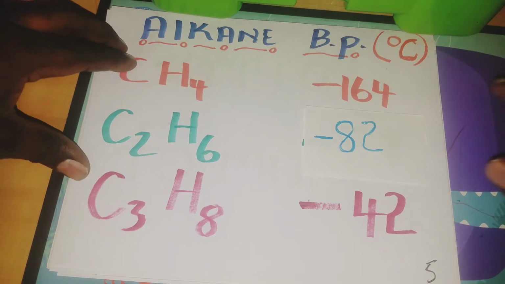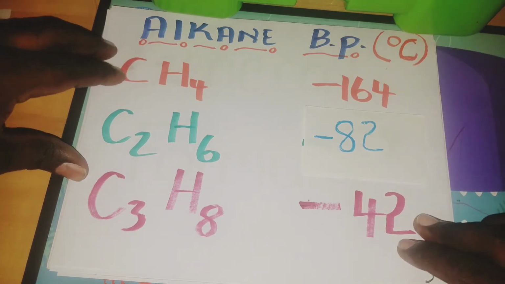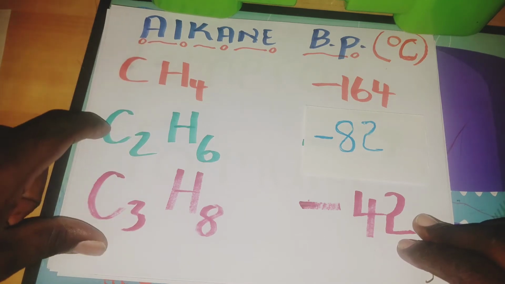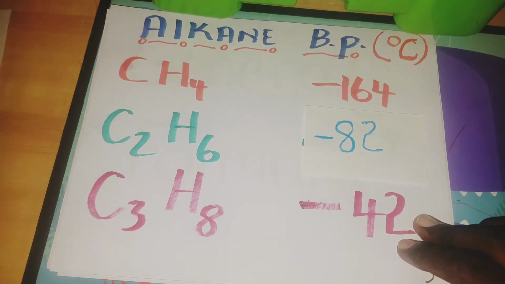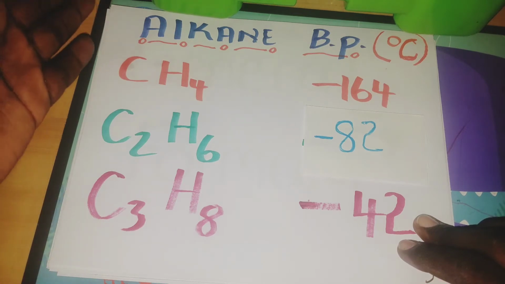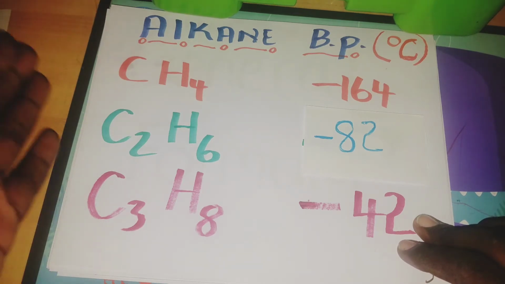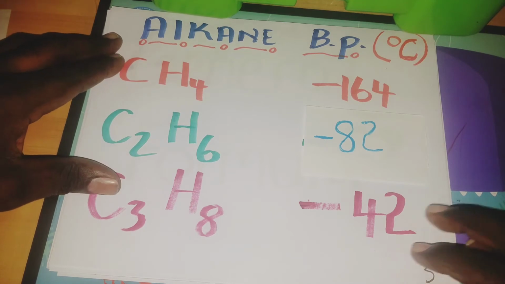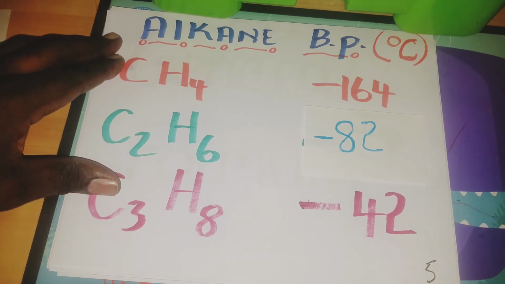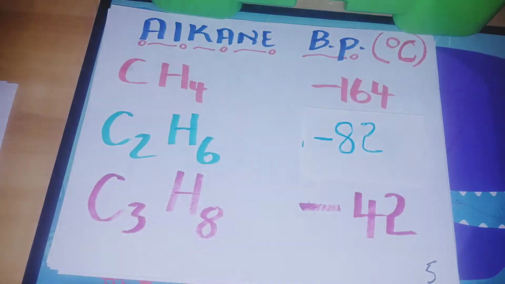And you'll find that as you go along the alkane series, these substances are gases, but eventually you're going to find liquids and then solids. So there is a gradual increase in the physical properties of the molecules in a carbon series. So there you have the 3 generic features of each homologous series.